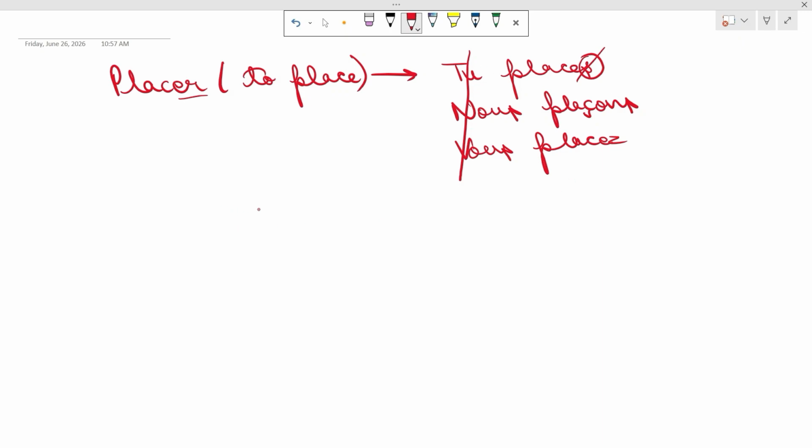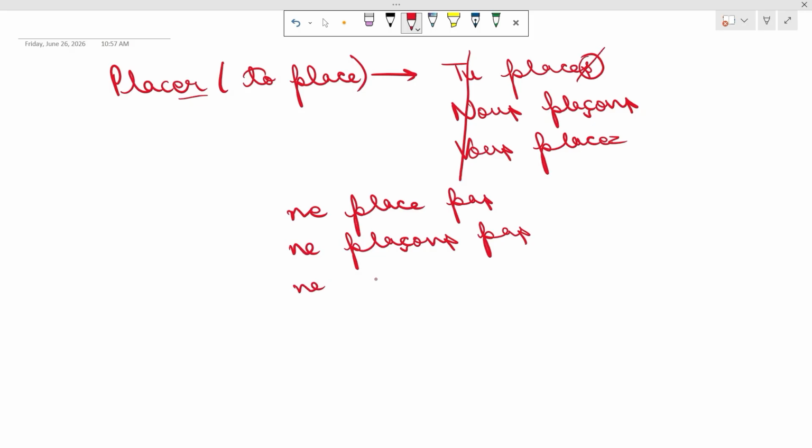Then we place ne, the fourth step, before the verb and pas after the verb. Ne before the verb, plaçons, pas after the verb. Ne placez pas.